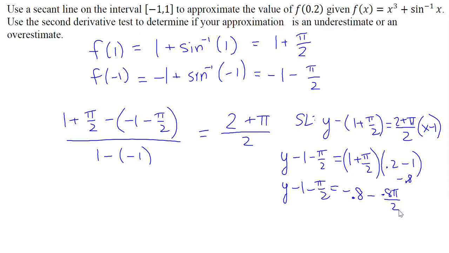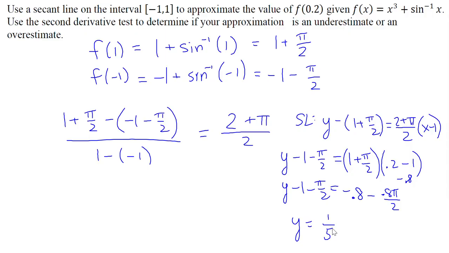And so we should be able to combine some stuff together here. If I add over the 1, right, I'm going to end up with negative 0.8 plus 1, which is 0.2. And 0.2 is, well, 1/5. So we get 1/5.